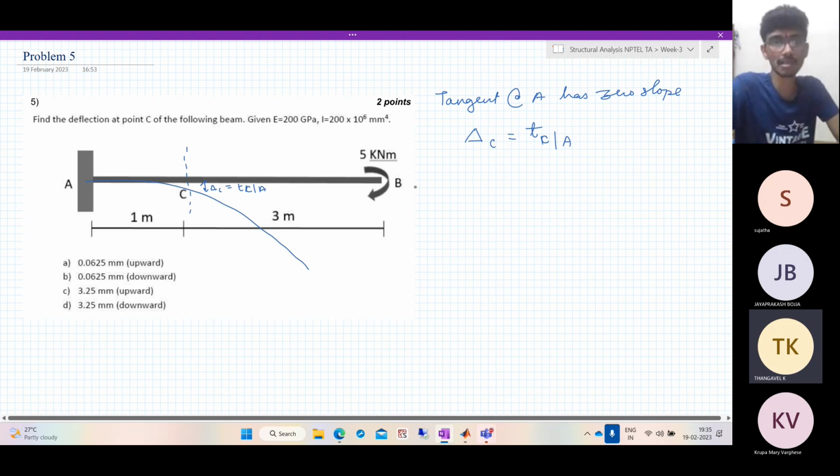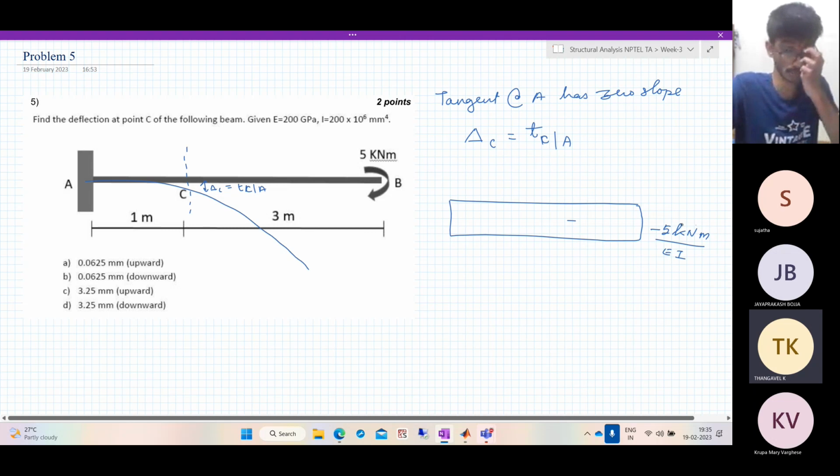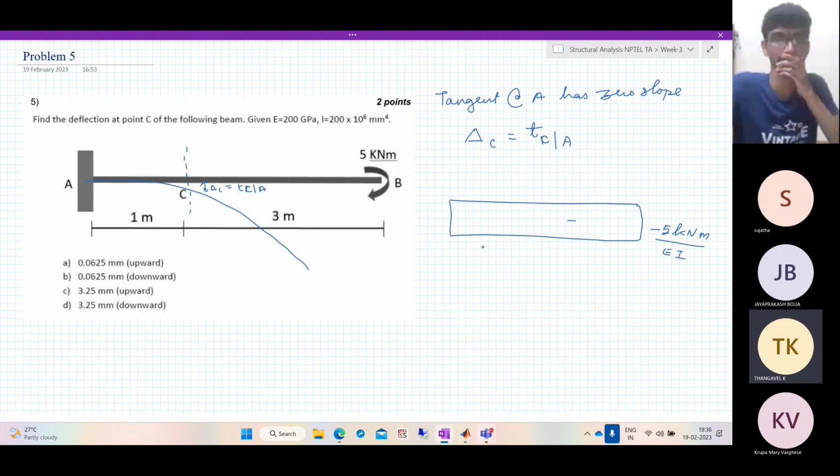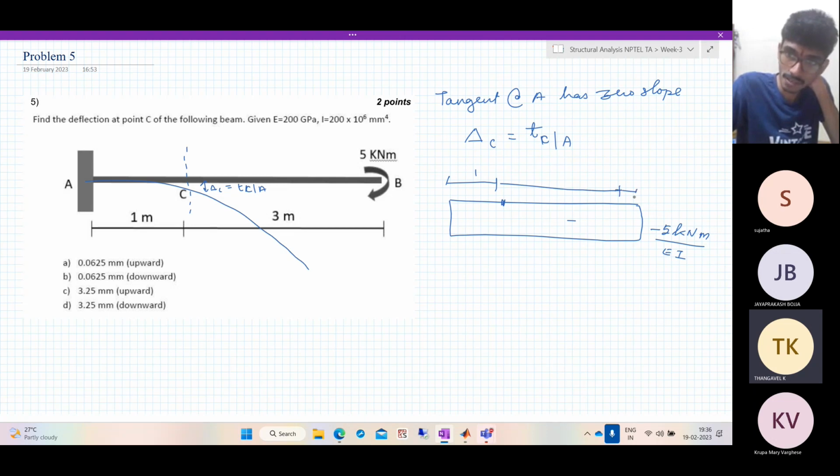What's the bending moment of this beam? Very, very simple. You take a section anywhere, the moment is 5 kilonewton meters negative. So M by EI is minus 5 kilonewton meter by EI. Now, where is the point C? Point C is here at 3 meters and 1 meter.